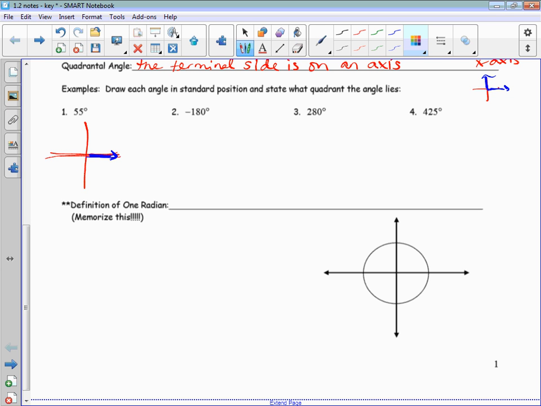Now when you're sketching angles, I do not expect perfection. I'm not going to look at it and go, nope, that was 57 degrees, that's wrong. Like, general area, first quadrant, that's all I'm looking for. So we'll say somewhere in there, okay? And the only other thing you need to do is put a little arrow in showing me, like, hey, I started here, rotated counterclockwise. And that is in the first quadrant. Okay. So I want you guys to try sketching 2, 3, and 4 for me.